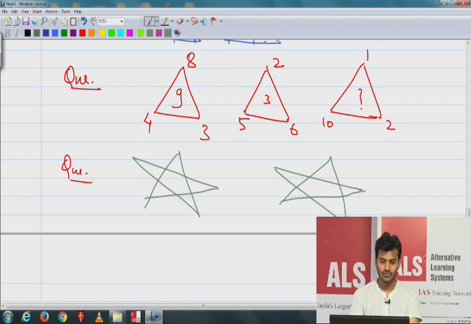All right. So, those who are done with the last problem, they can solve this. 2, here it is 5. This is 5.